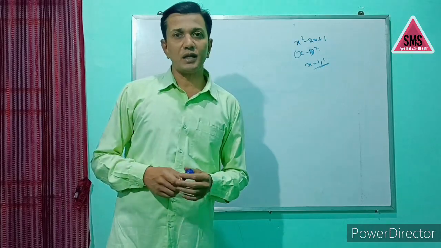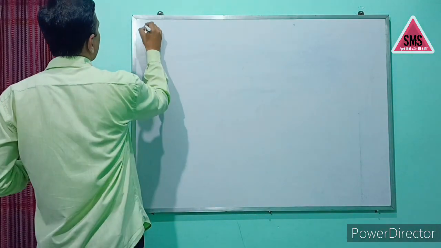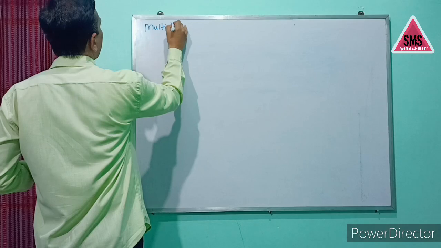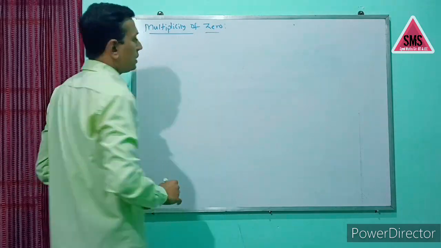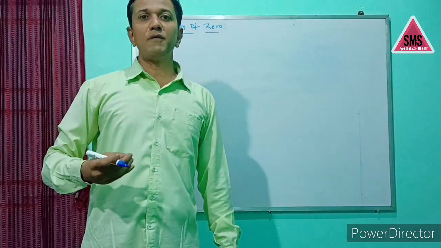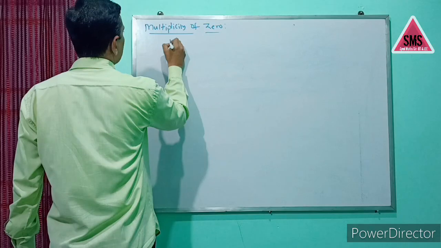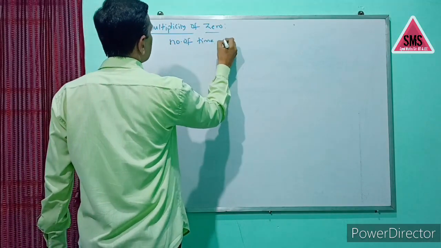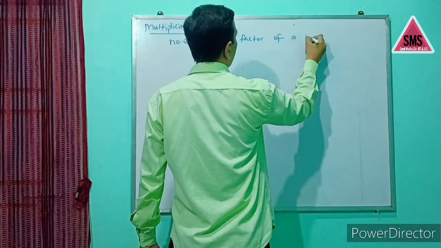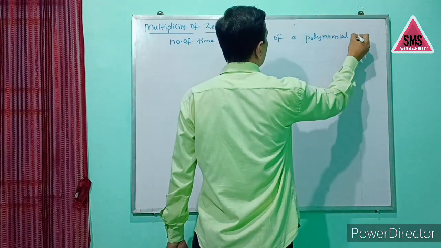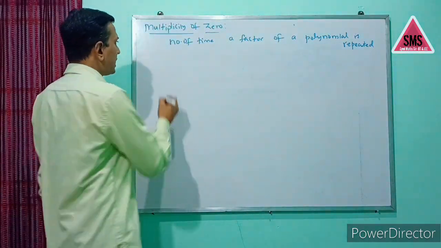So we can define the multiplicity of zero as the number of times a factor of a polynomial is repeated or occurring.